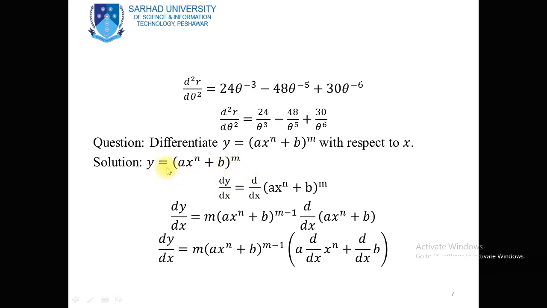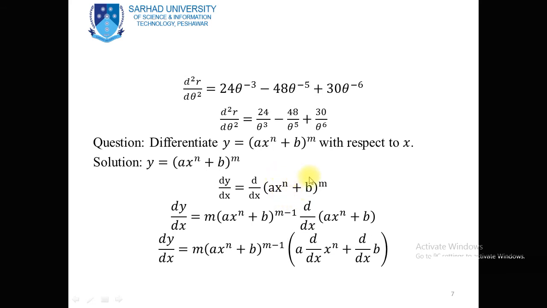Dear student, note that we need the derivative of the function y with respect to x, the derivative of a x power n plus b whole power m with respect to x. In this situation, we can use the power rule: multiply this power with the coefficient and subtract 1 from the power, and again take the derivative of the base.